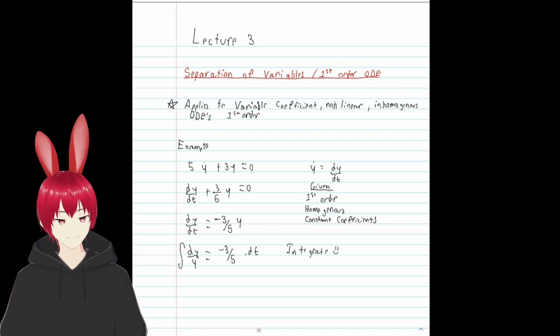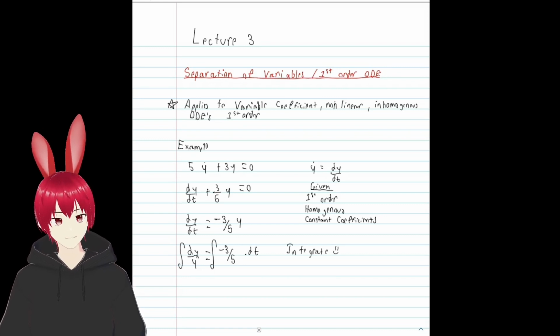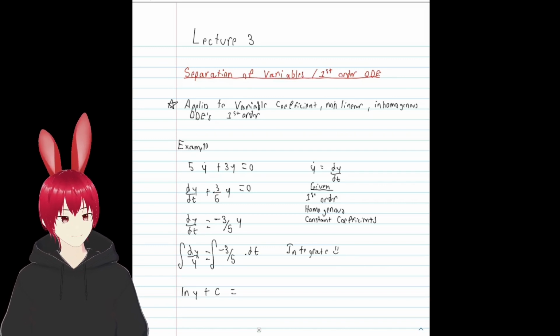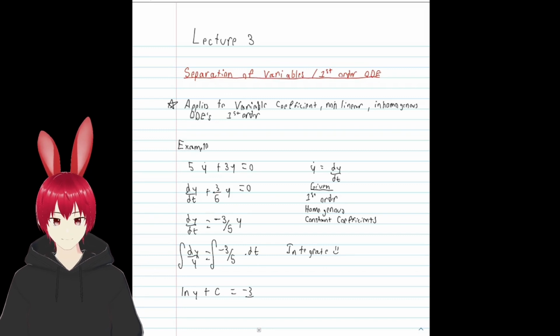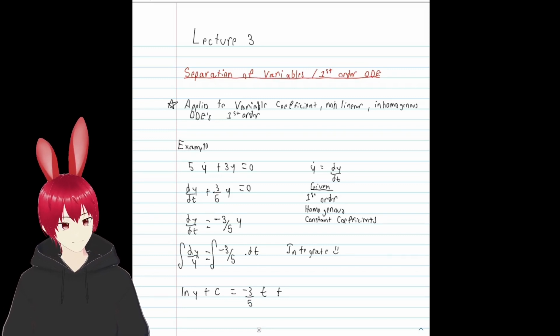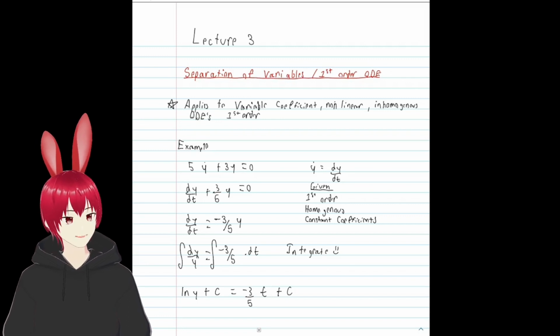Next, we can integrate both sides. For the left, the integration of 1 over y dy is equal to the natural log of y plus a constant c, equal to negative 3/5 t. Of course, we then have to add the constant onto the right side as well.